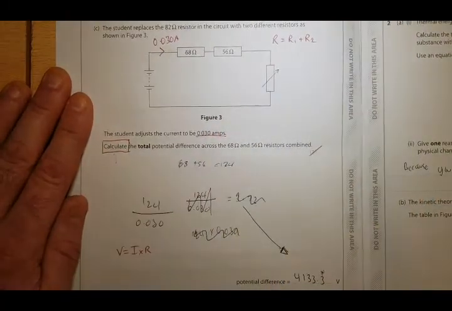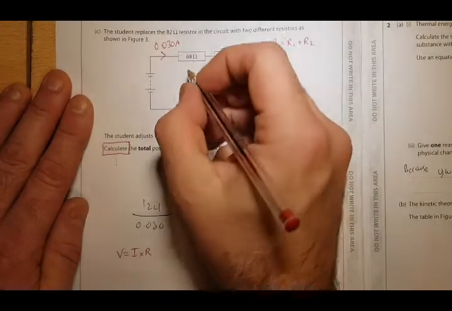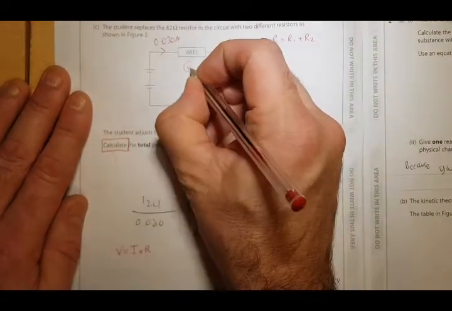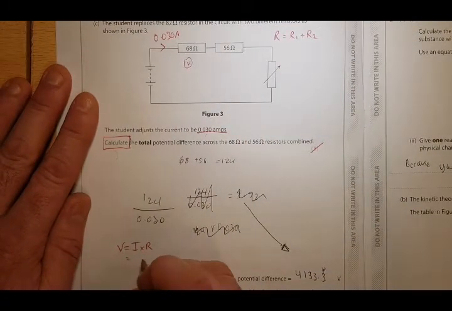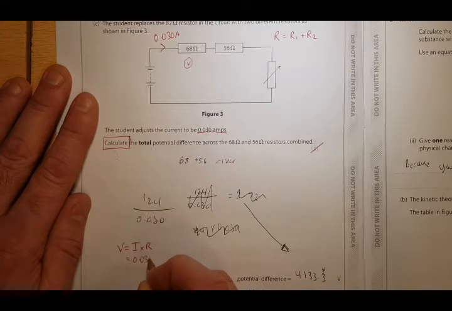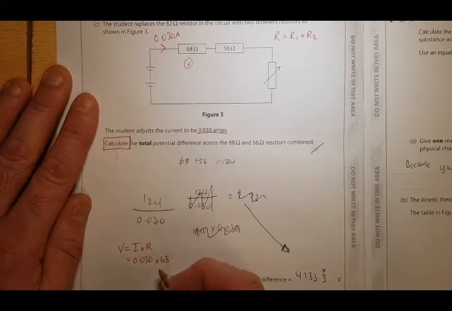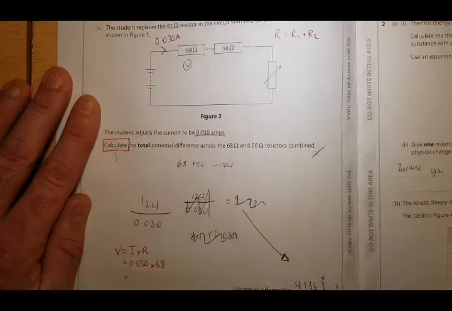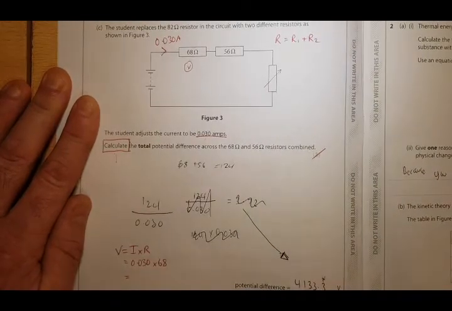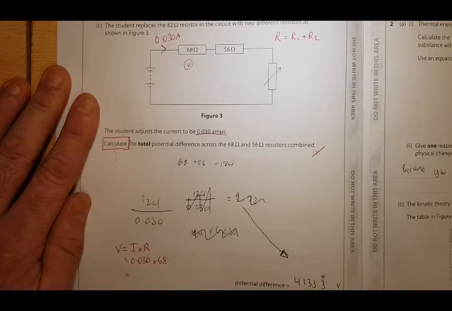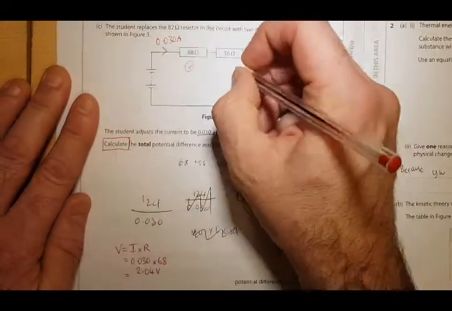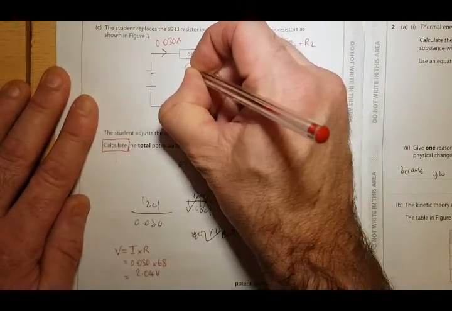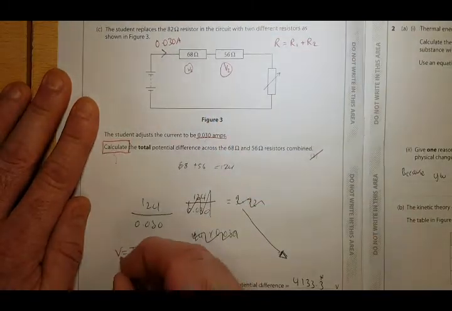So, potential difference across here, V equals IR, it's going to equal 0.030 times 68. And then we've got across the other one, let's put those in the calculator. And that's 2.04 volts. I'll call it V1.